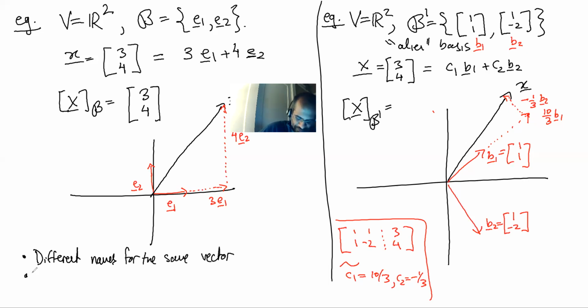And people have different ways of thinking about this intuitively. So one is that the basis provides a reference frame. And every vector has a unique address with respect to the basis. So the coordinates are the unique address with respect to the basis.